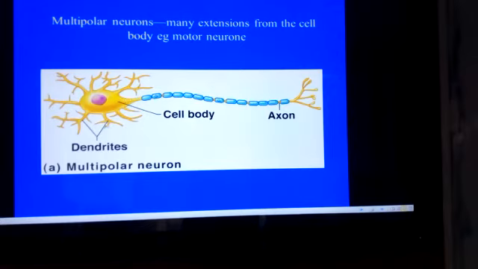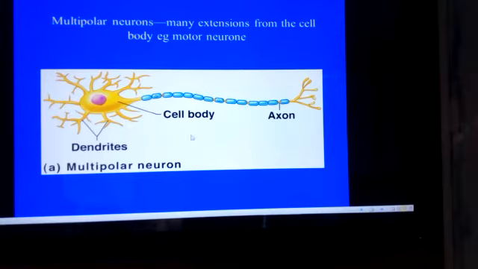For example, this end here is found within the central nervous system, but the axon, this terminal end here, they form a synapse with the effectors, and therefore they are outside the central nervous system.